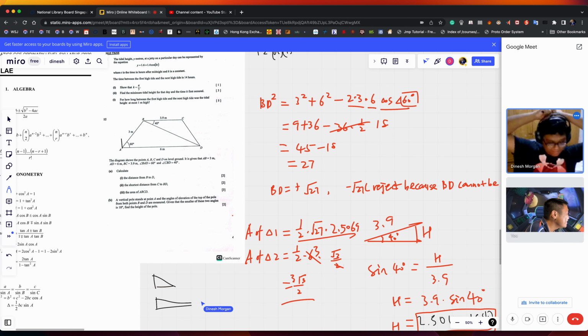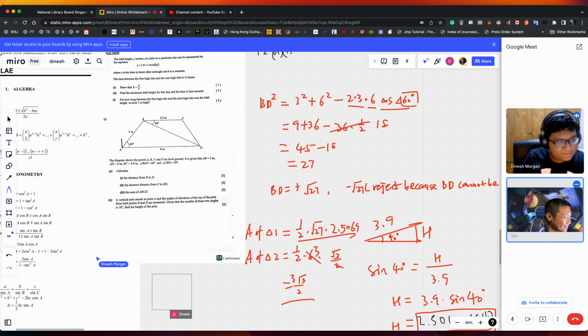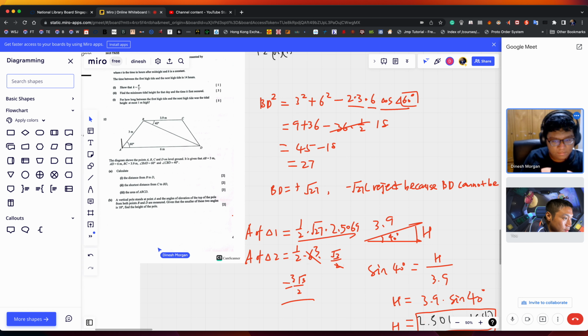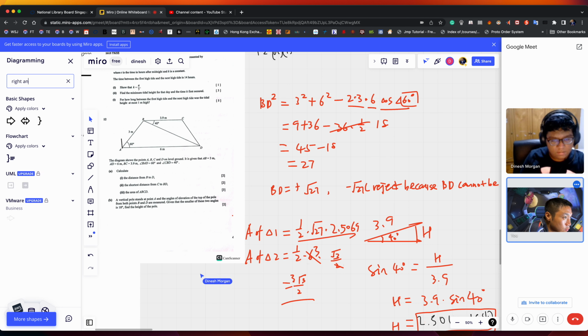Wait, you can insert a straight line, yeah. Oh yeah, I can. Can I just insert a triangle? Yes, I think you can. Try it out. But would it be a right angle? How do I change it to a right angle? I don't know. Maybe you can do a search for right angle triangle.